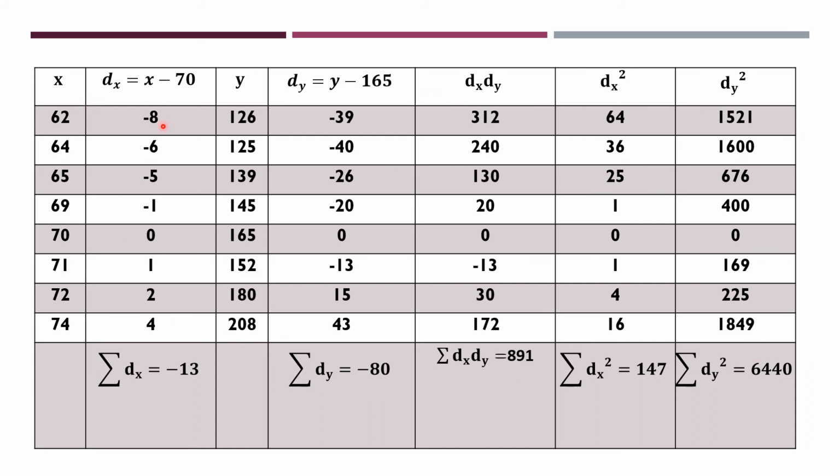And then summation dx, summation dy, summation dx dy, summation dx square and summation dy square are required in that formula. We will be calculating those summations and substituting them in the formula to get the value of the coefficient of correlation.